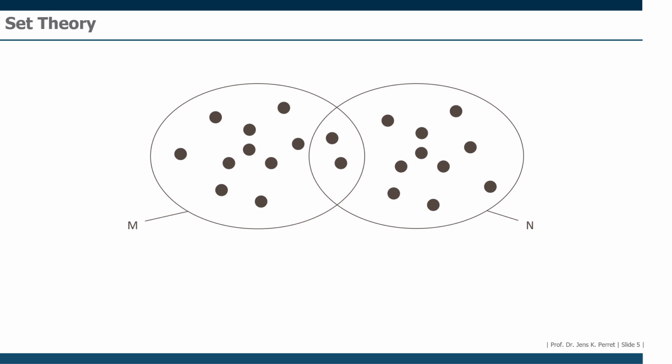Then we can also define the so-called difference set. So we're going to take all the elements in M, and we exclude everything which is in the other set, in N. So the shaded area is everything which is in M, but is not in N, or that's M without N. That's what we call the difference set.